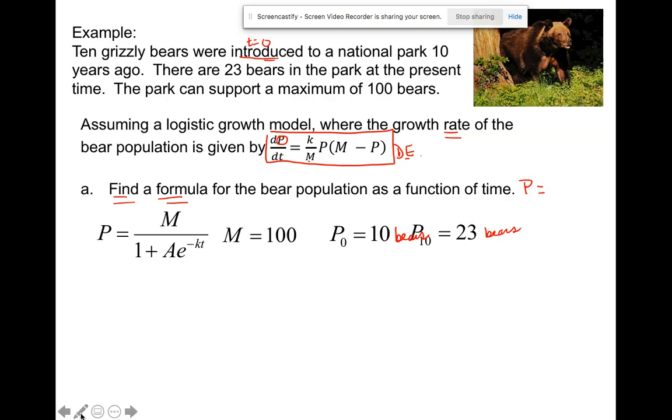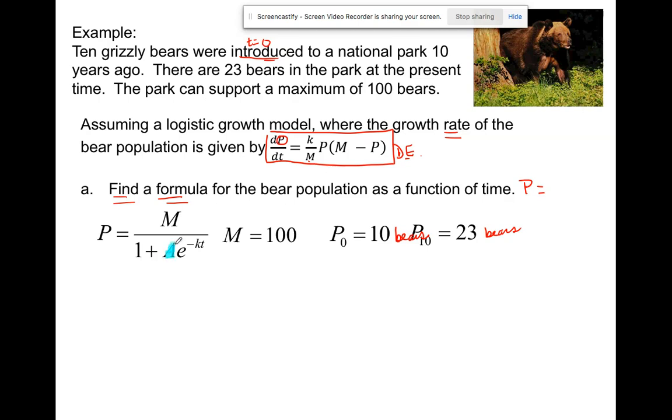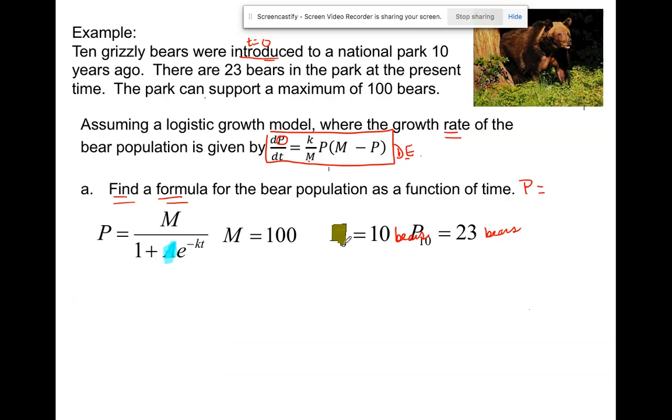Please, please, please do not confuse this constant with P sub 0. They are not the same. That's what makes this different from exponential. A is not P sub 0. Do not just put 10 right there.